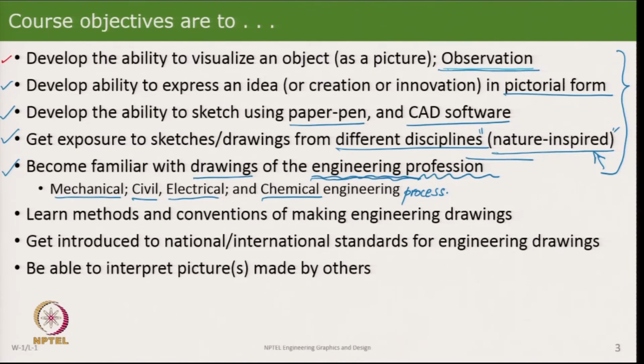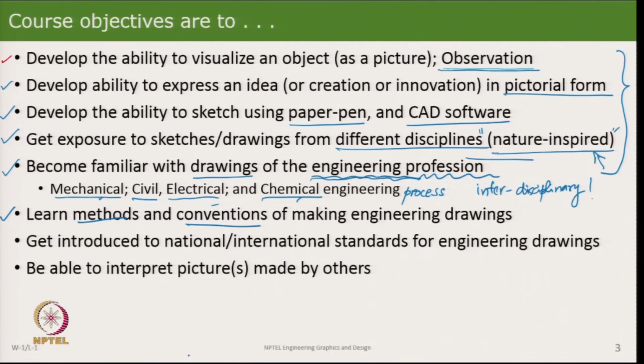And we will also give you a flavor of how in an application more than one of these disciplines actually manifest themselves. So, that is what we will look at, the interdisciplinary nature of drawings.